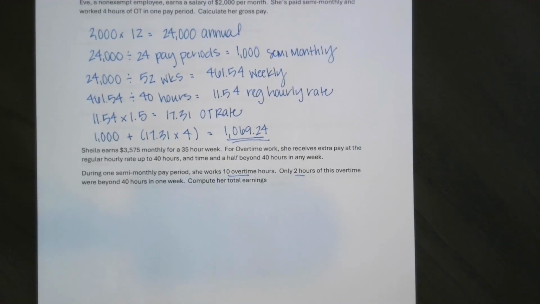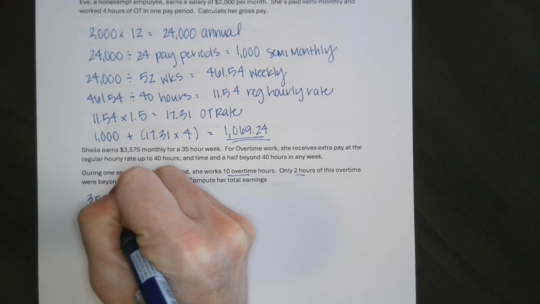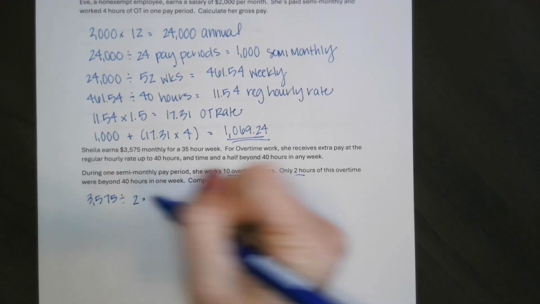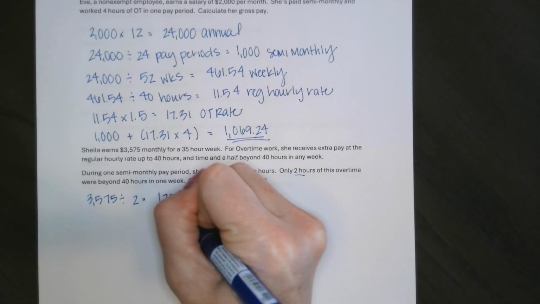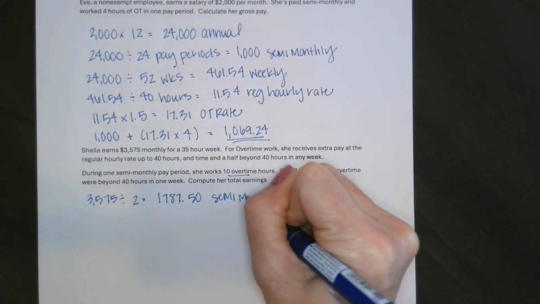We're going to compute her total earnings. So first up, we will divide her monthly earnings by 2 to get her semi-monthly earnings because she is paid semi-monthly. So we'll take $35.75, $17.87.50 semi-monthly.